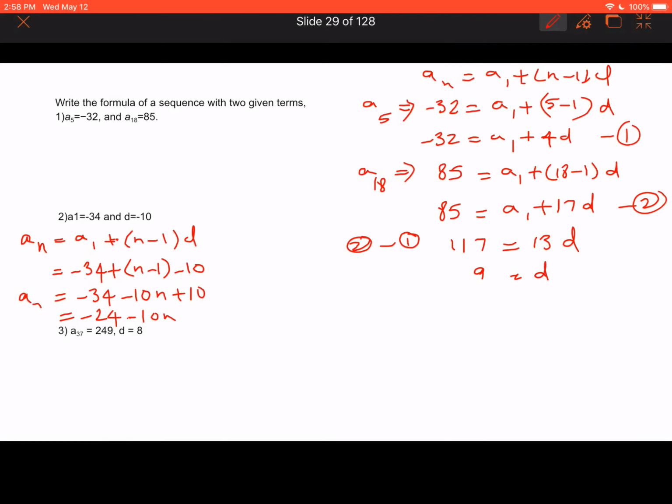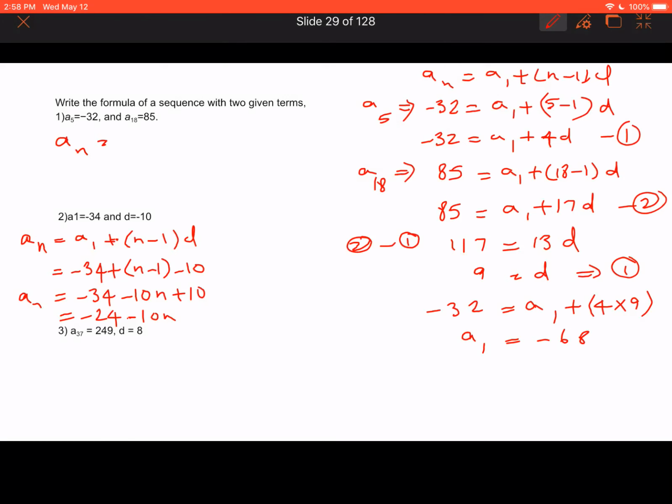So what we are going to do is we have to substitute this value in the first equation. Thereby the first equation will become minus 32 equals a1 plus 4 times 9, right? So the a1's value is equal to minus 68. So we have to write the general formula, right? So we are asked to write the general formula.